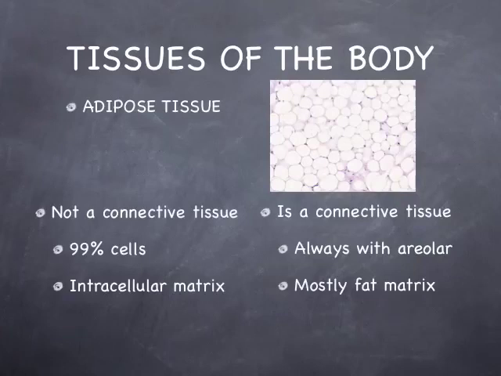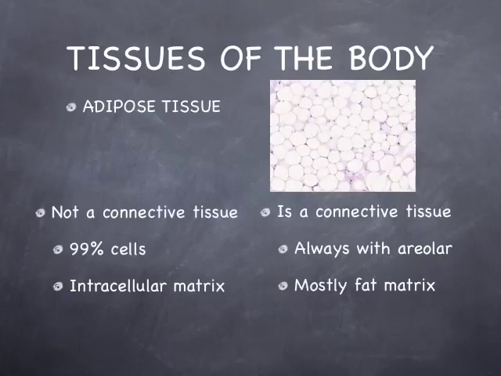So really, this is densely packed cells. But when I look at it under the microscope, it looks like there's so much fat there that it looks like there's a lot of matrix. The matrix is internal to the cells instead of external, like the matrix of most tissues.